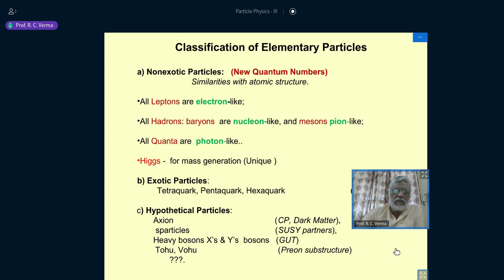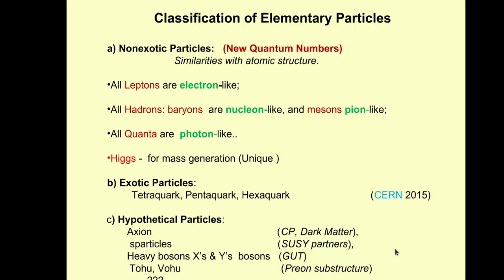With so many particles we see, we can classify them comfortably so that the load on our mind is highly reduced. I put them in three categories. One is non-exotic particles, which are very welcome members, and we understand them comfortably well using the standard model.